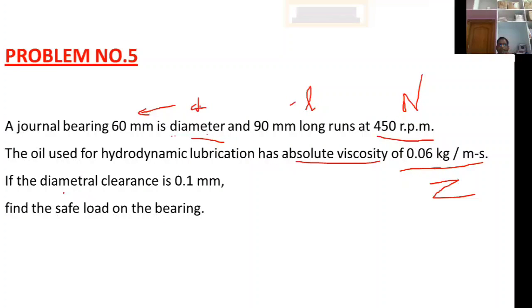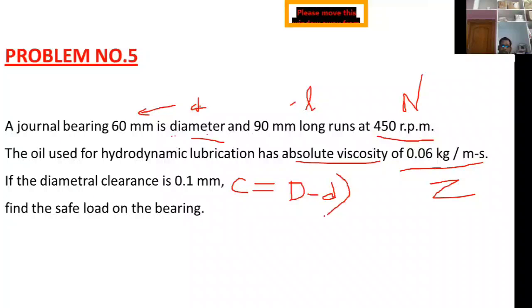Now then after, you have to find the rest. Here the diametral clearance is also given, that is capital C. Capital C equals the diameter of the bearing minus the diameter of the shaft. The value of capital C equals 0.1 mm.